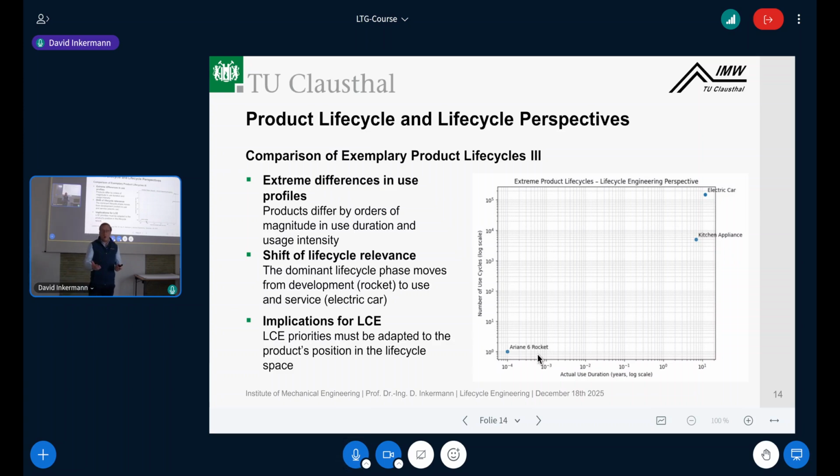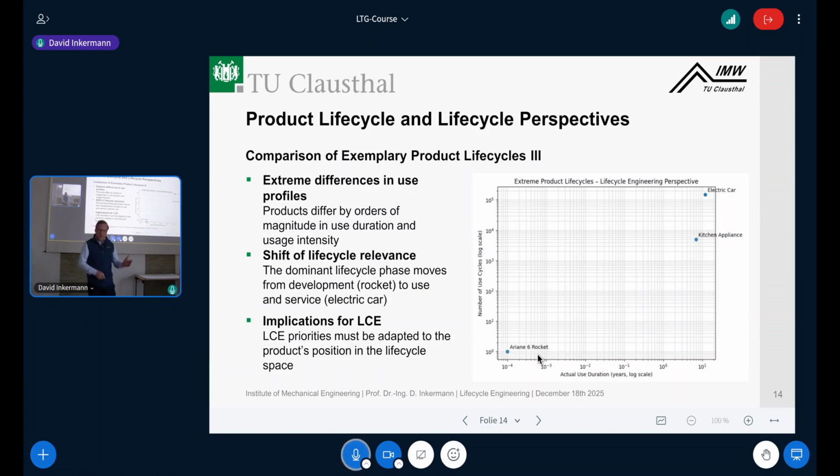There are different approaches, or there are different restrictions and requirements to meet. Yeah? And just bringing this to the life cycle engineering perspective, it is interesting to compare the number of use cycles, so that is the upper axis, and the actual use duration, so how long we use the different products.